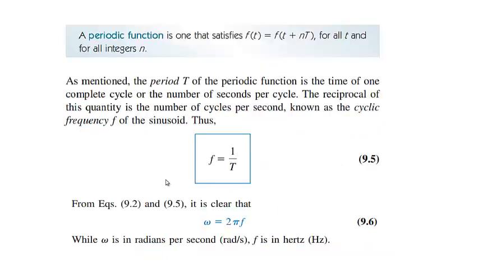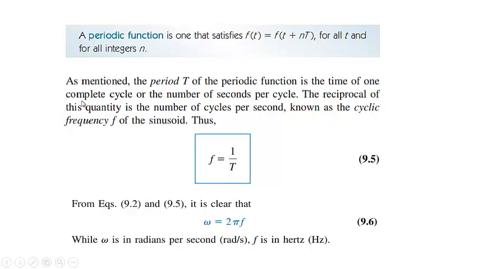So in general, a periodic function is one that satisfies this equation, that is f of t is equal to f of t plus nT for all t and for all integers n. As mentioned, the period T of the periodic function is the time of one complete cycle, or the number of seconds per cycle.